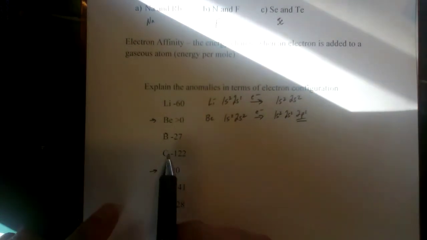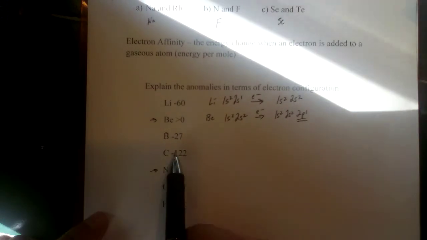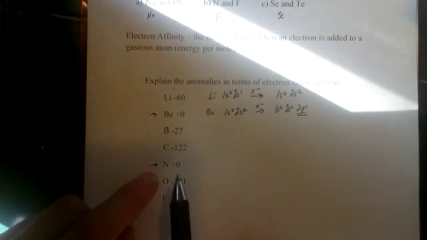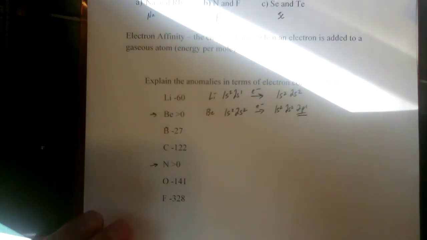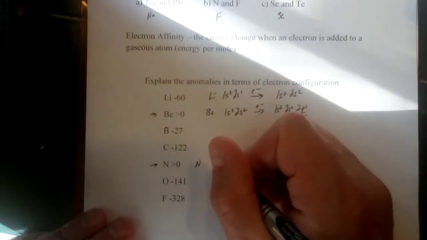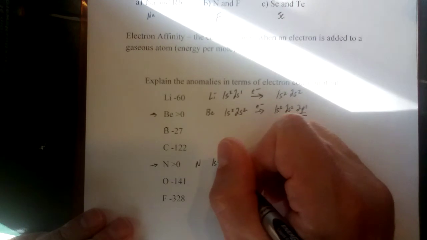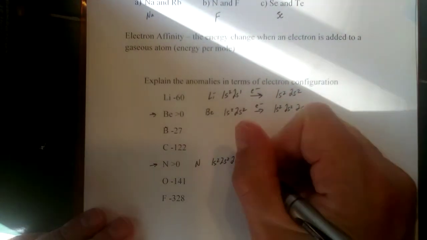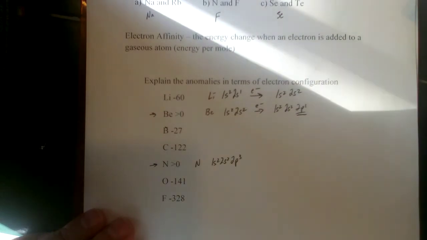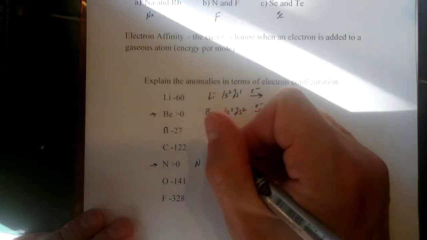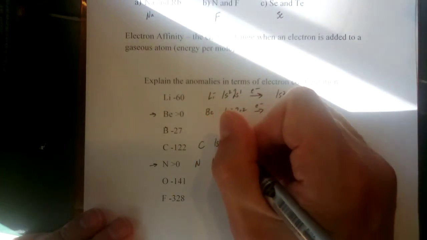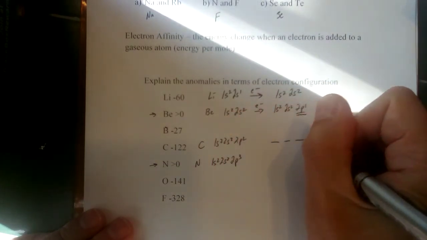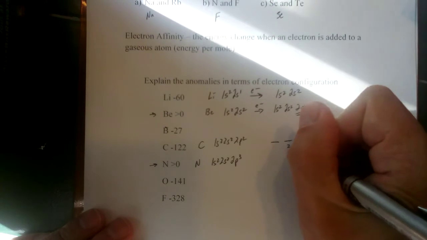Now, as we go to carbon, higher nuclear charge, it's even easier to add an electron into the 2p. What's different about nitrogen? Nitrogen, 1s2, 2s2, 2p3. Nitrogen's atomic number is 7, so 3 in the 2p. Now with carbon, 1s2, 2s2, 2p2, the 2p sublevel for carbon would look like this.